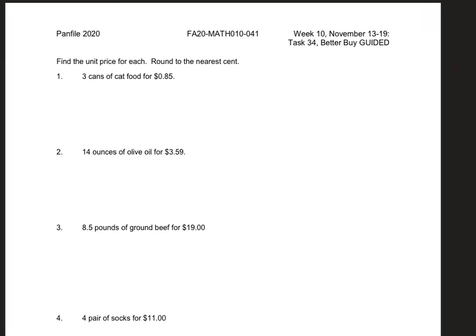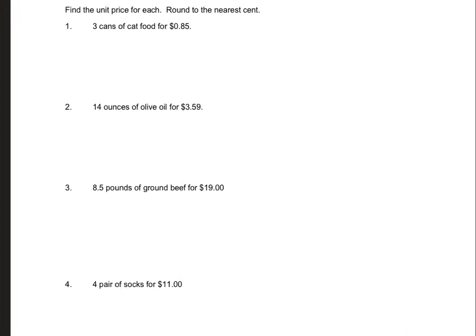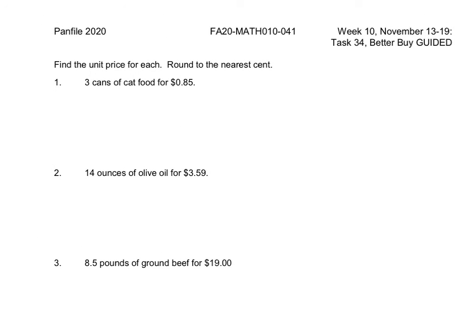All right, so when we look at finding the unit price, we've already found unit price, but I'm sorry, I take that back. We found the unit rate. Now we're going to find the unit price.